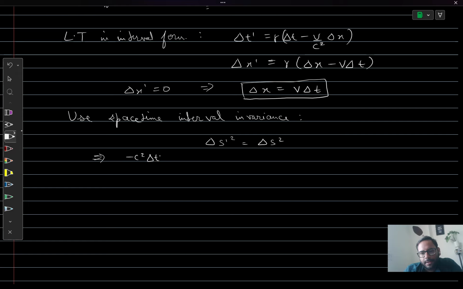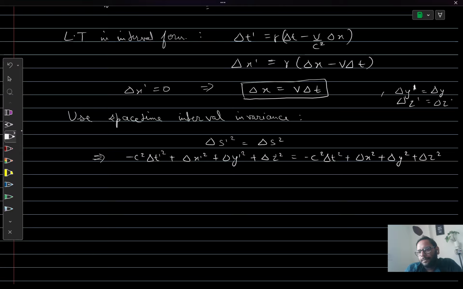It was c squared del t prime squared plus del x prime plus del y prime equals minus c squared del t squared plus del x prime del y prime. Of course you can take this here. So you do this, and these things will cancel out, and the remaining thing will be this.